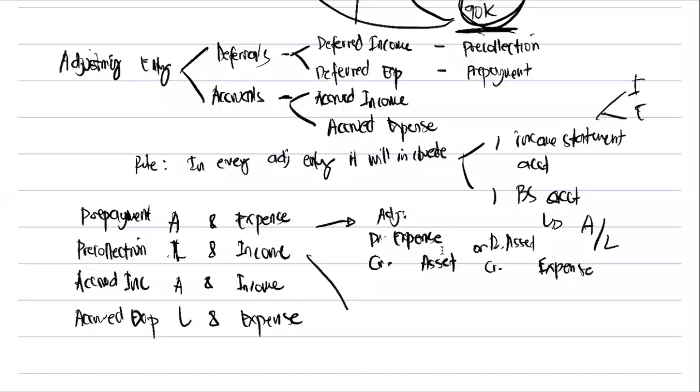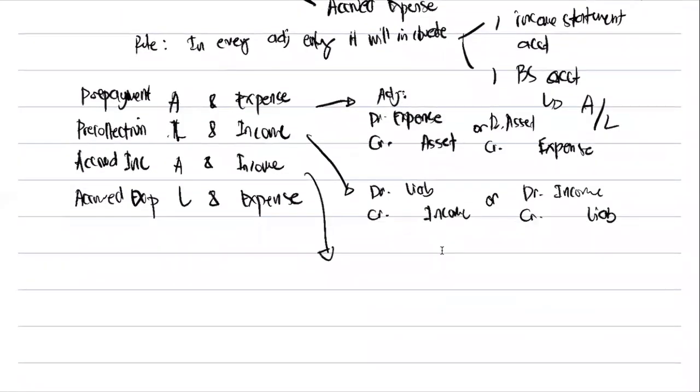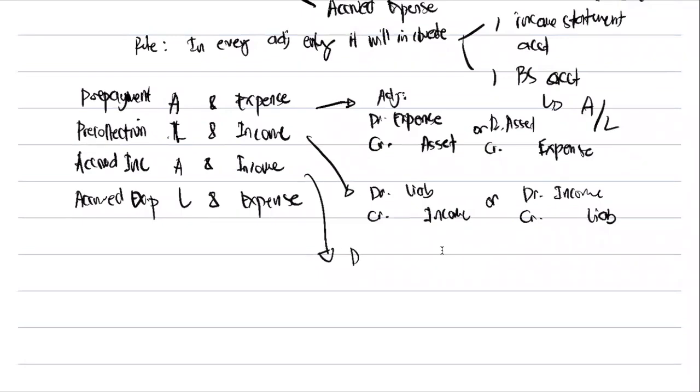Okay, so for your pre-collection, your entry may be a debit to liability and a credit to income, or a debit to income and a credit to liability. Okay, how about in accrued income? What is your pro forma entry? Your pro forma adjusting entry is a debit to asset and a credit to income.